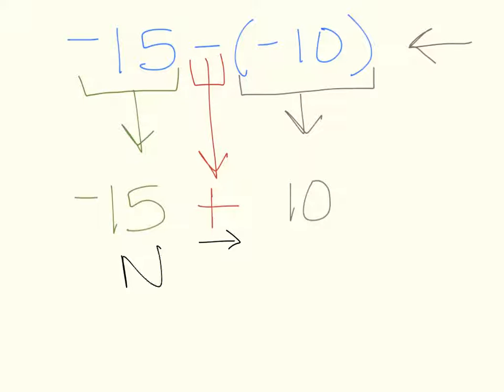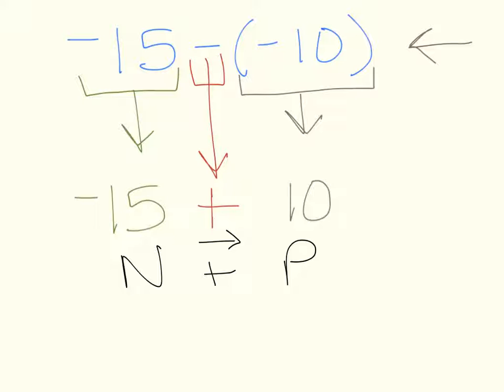I have a negative plus a positive. Now I notice some of you are still struggling with how to do that. So when we have a negative plus a positive, I know I explained the chip model to some of you. That means I have 15 negative chips and 10 positive chips. Well, when I have negatives and positives, I can cancel out.